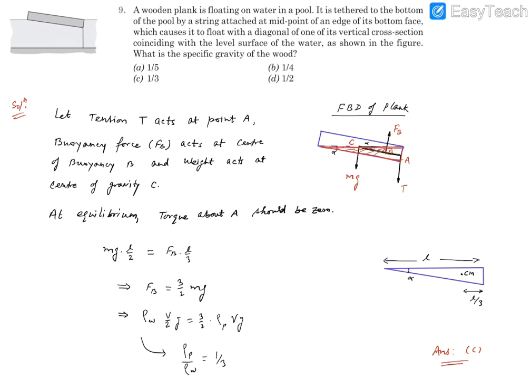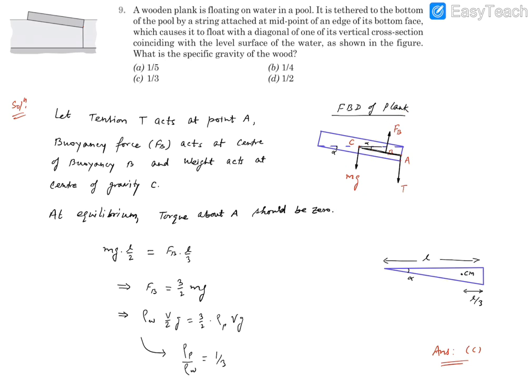and T is acting at the middle of the bottom edge. Since it is in equilibrium, the torque must be 0, so we can balance the torques. Now let's consider the torque about point A. You will find FB is trying to rotate the plank like this, lifting it off, and mg is going to restore it.